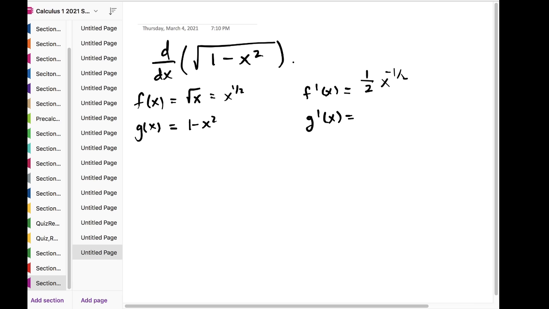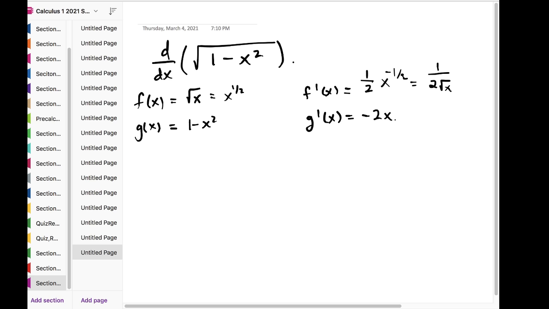Yeah, so you can also write this as 1 over 2 radical x, because the negative will be in the denominator. And then what's g prime? Negative 2x.